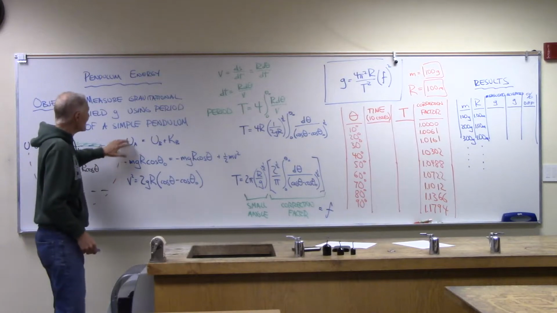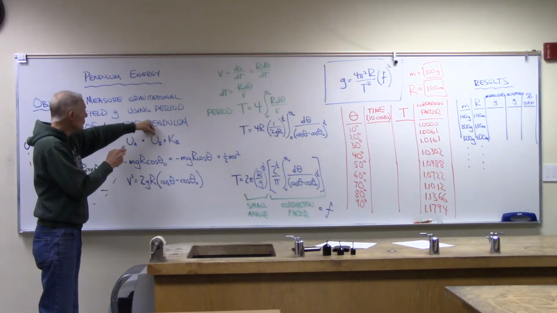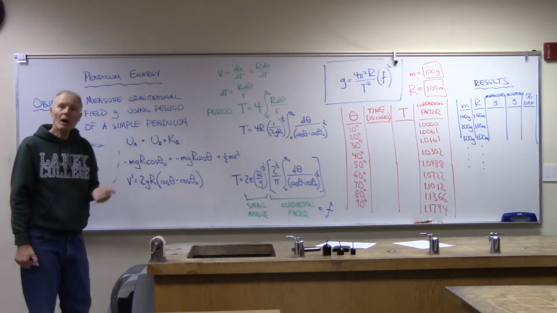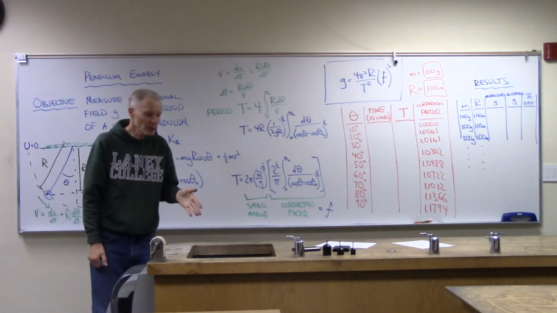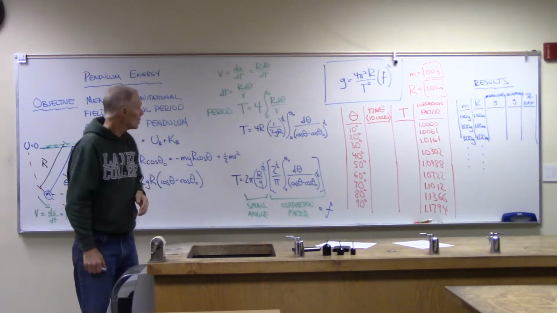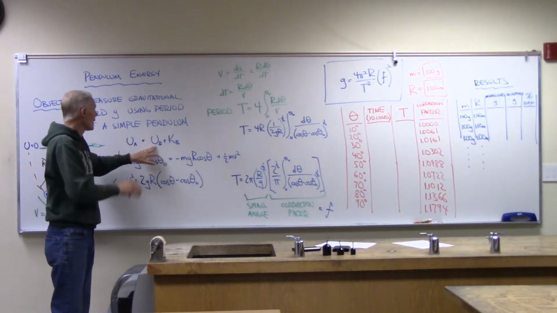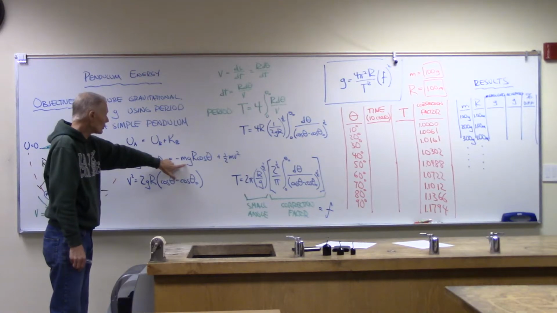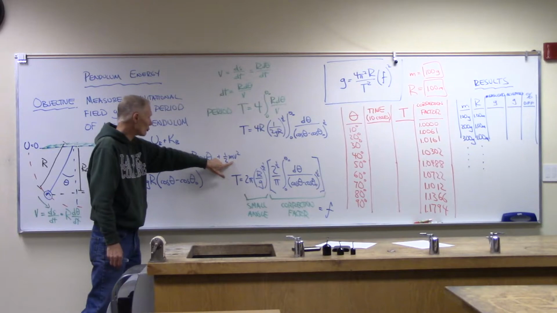In any case, at any later time, we can write the energy as some combination of potential energy and kinetic energy. So I wrote that as, at any later time, at any other angle, we can write this as potential energy minus mgr cosine theta and the kinetic energy.